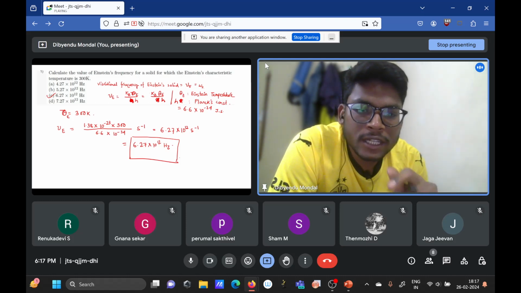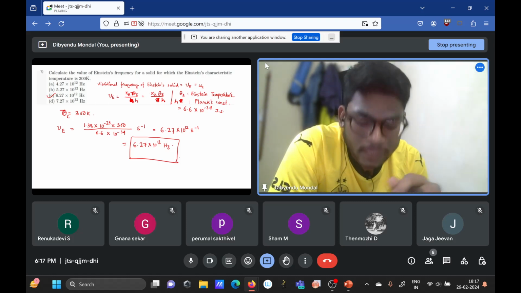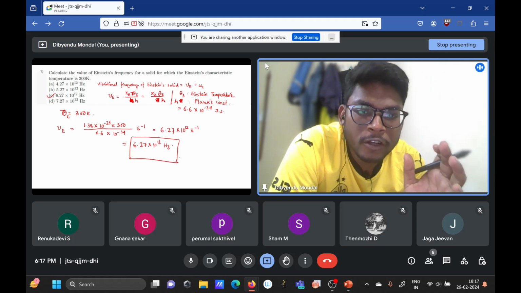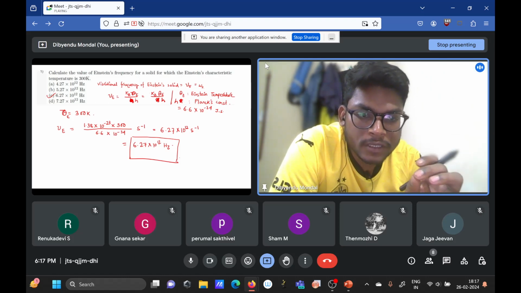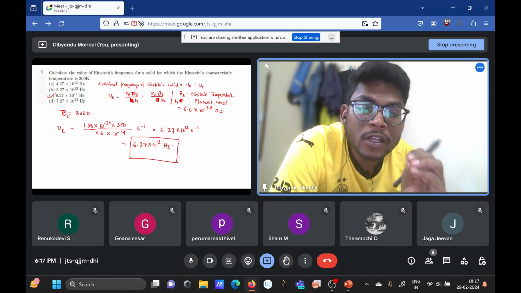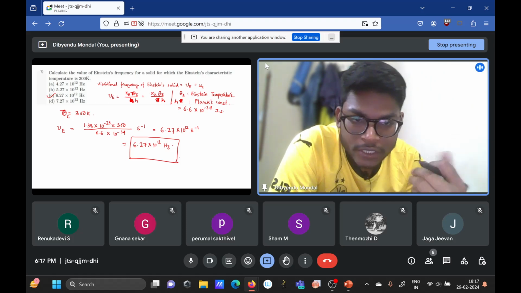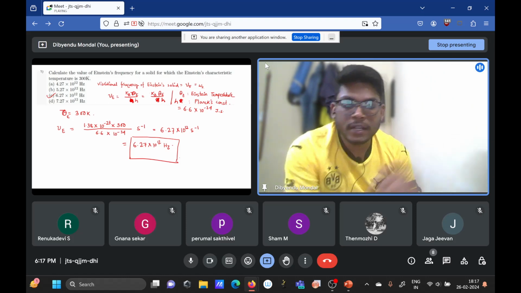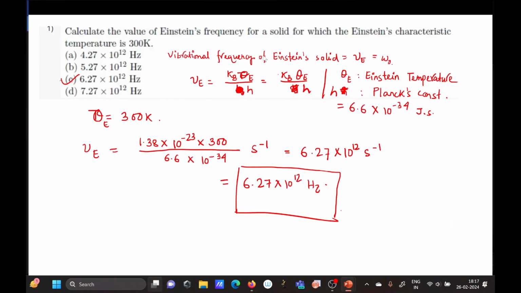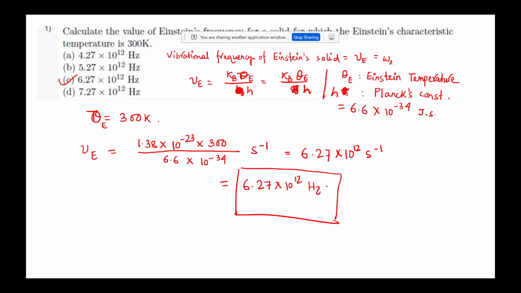Since there are molecules, there will be 6 degrees of freedom, right? 3 rotational and 3 translational, and they are independent. So they mixed Dulong-Petit law, as Renuka Devi rightly suggested. Okay, let me write it here.